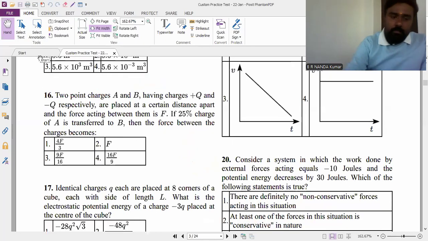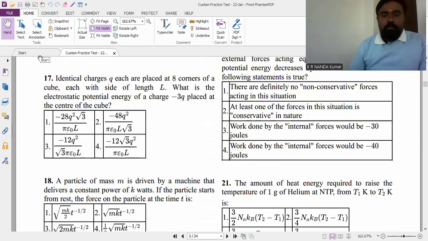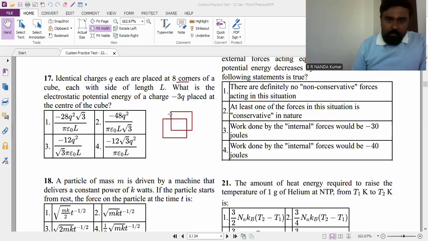So next, question number 17. Identical charges Q each are placed at the 8 corners of a cube of side length L. What is the electrostatic potential energy of a charge minus 3Q placed at the center?